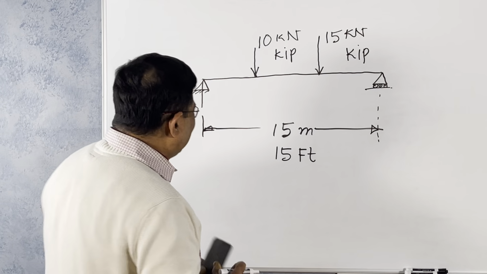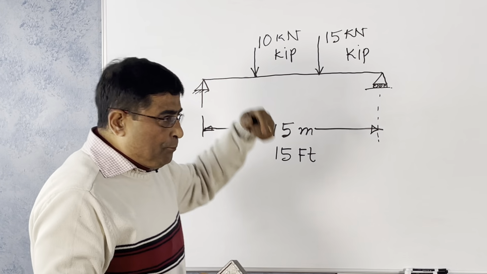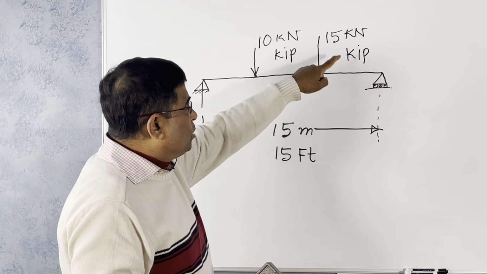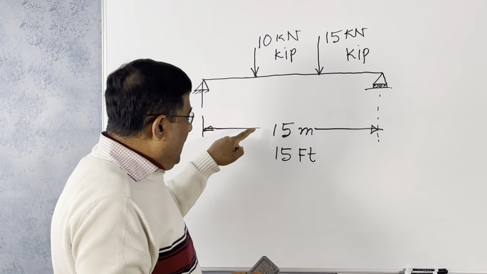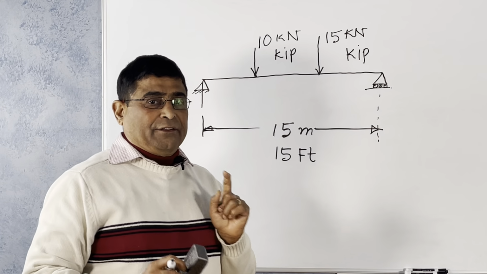Now we have two concentrated loads. There's a point load of 10 kilonewton or 10 kip and 15 kilonewton or 15 kip, and the distance is 15 meters or 15 feet.